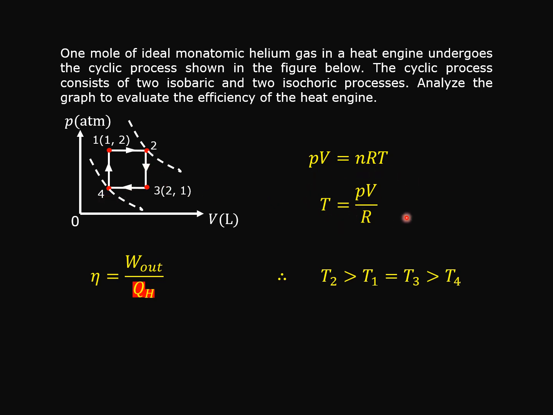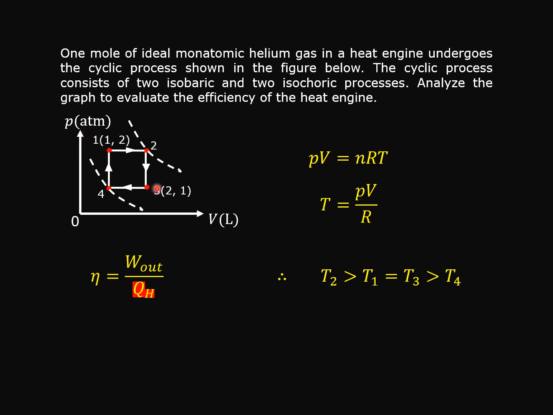Using the same method, we can check between state 1 and state 3. We will see that the P1V1 multiplied is equal to P3V3. Therefore, state 1 and state 3 lie on the same isotherm. So T1 and T3 are the same.